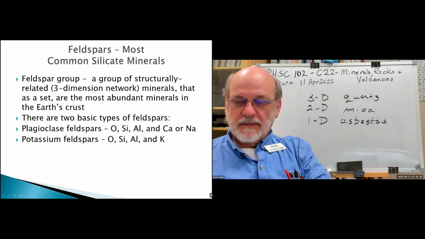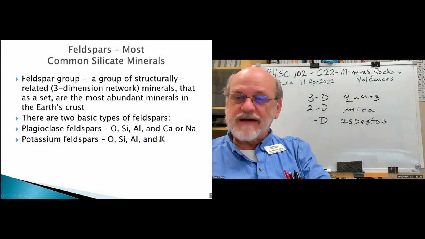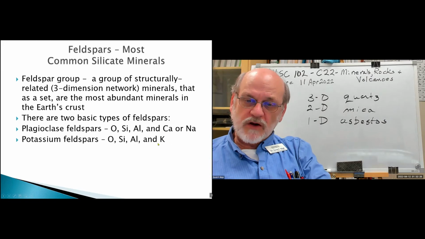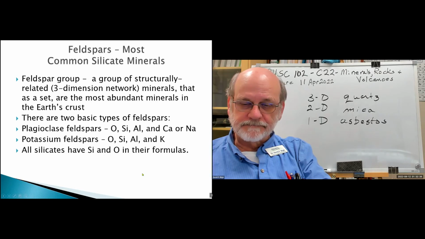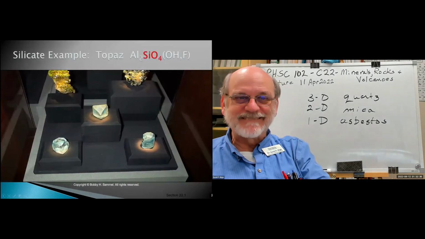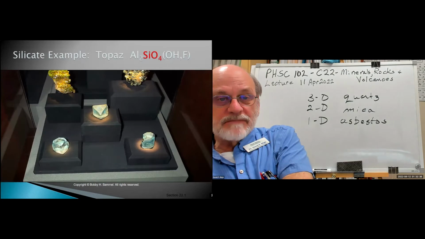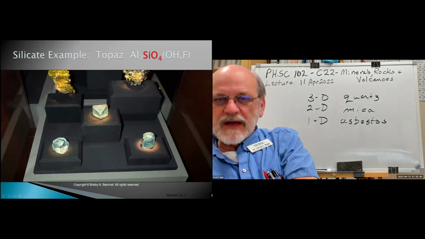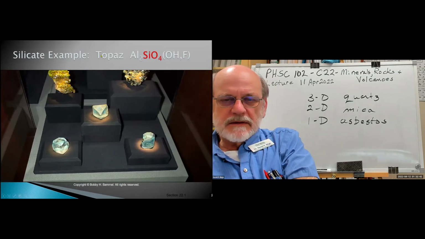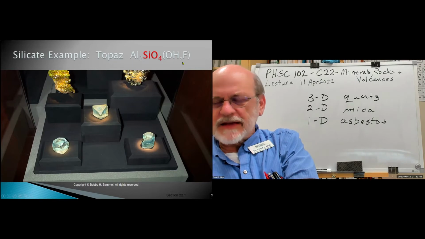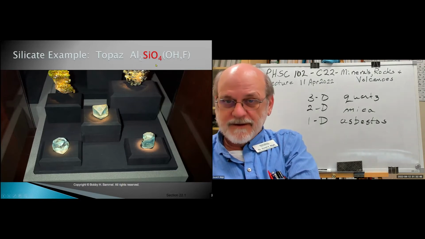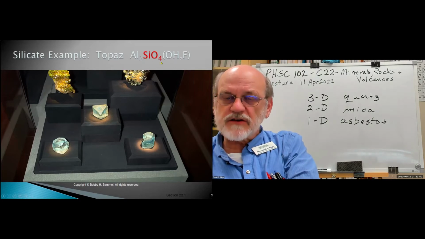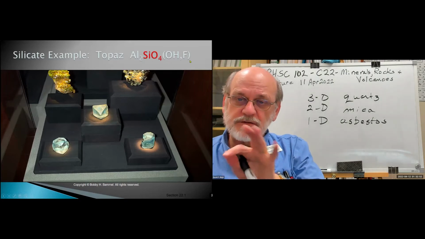Potassium. Instead of having calcium and sodium, we incorporate potassium in the potassium feldspars. Okay, these are different silicate examples. I see some inclusions of fluoride in there and hydroxide. Right? So this aluminum, silicon, oxygen, and then some hydroxides and fluorides.